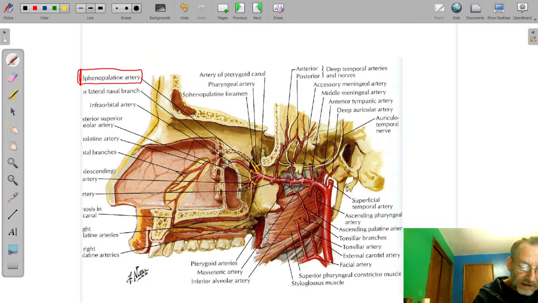And it then comes out and travels through the nasal cavity, giving off several branches, and then down into the incisive canal, where it hooks up with the descending palatine artery, and those two anastomose and cover the soft tissue of the palate.